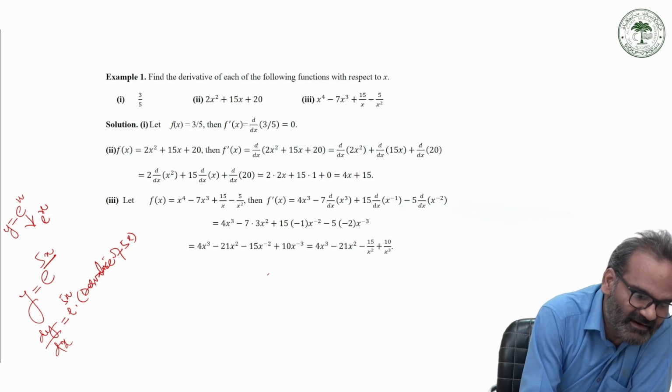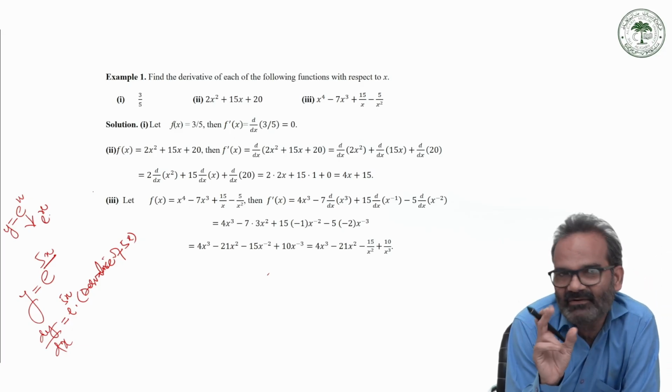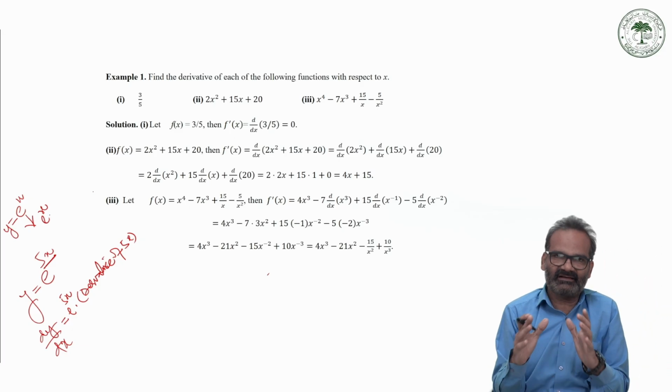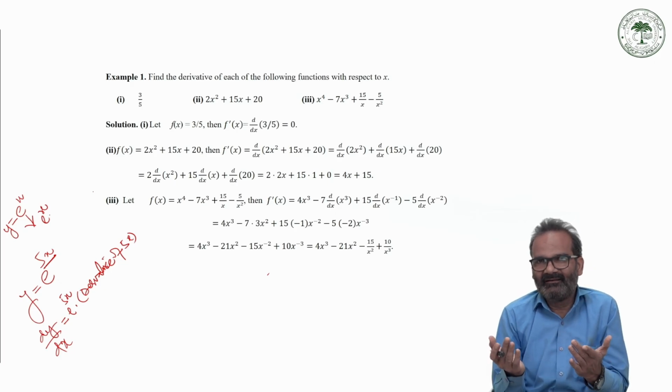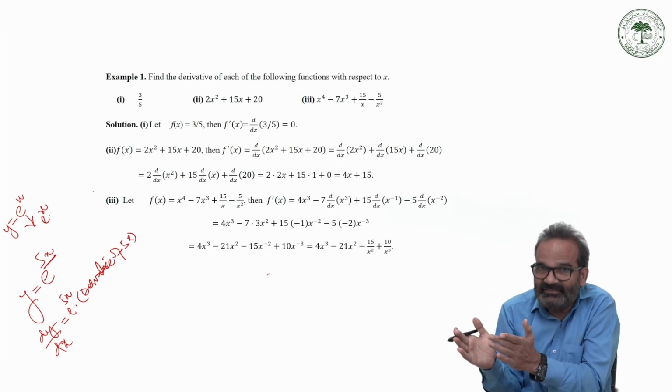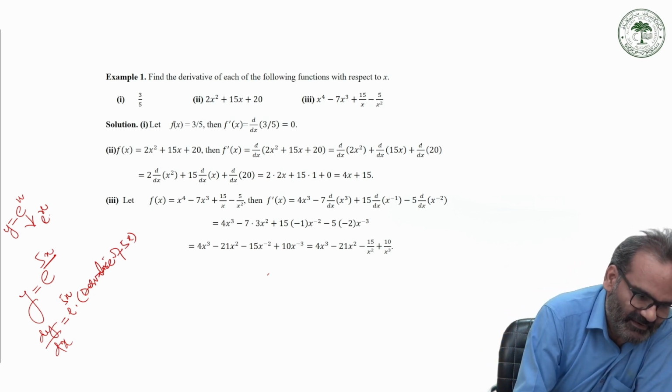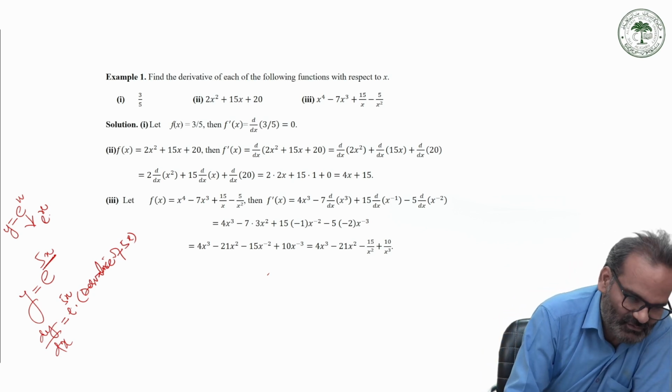In the formula, into the derivative of x we don't write because the derivative of x is 1. So whenever x is replaced by any new variable, the derivative of that variable should also be written, right?